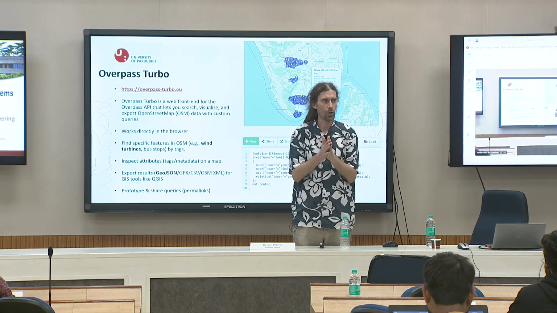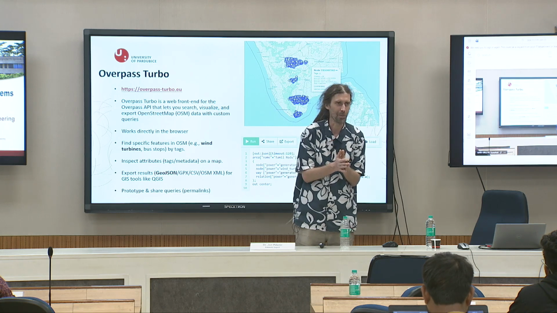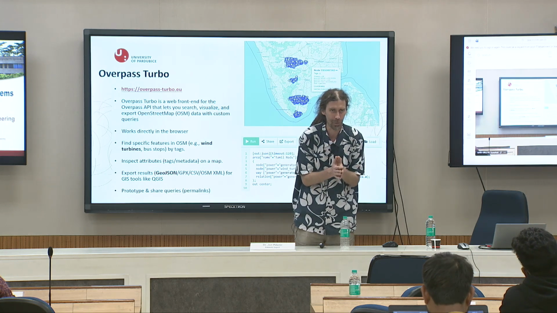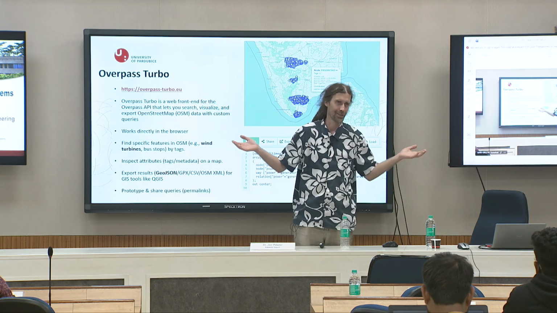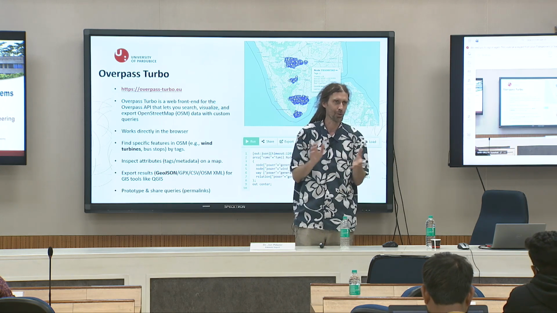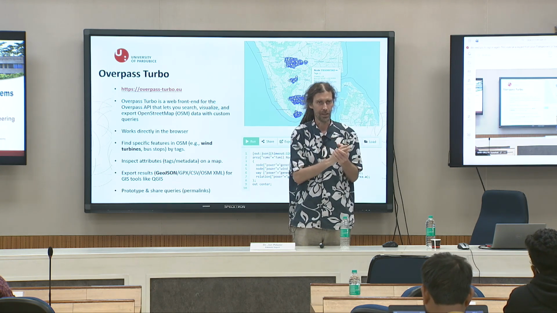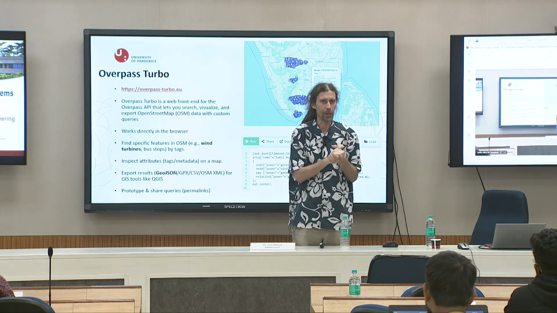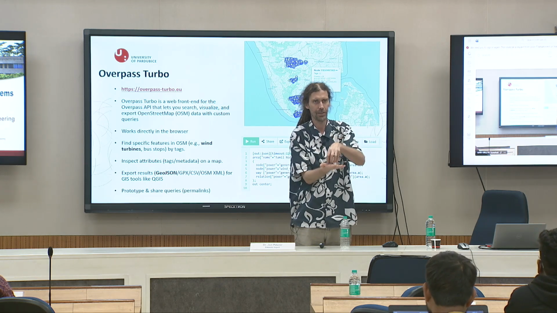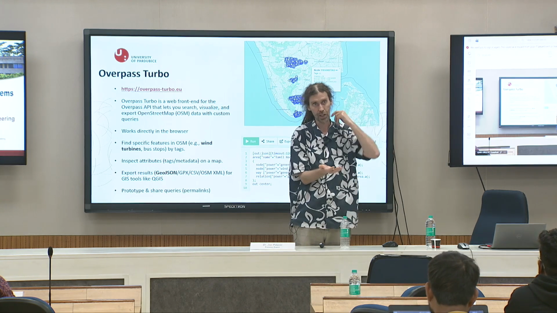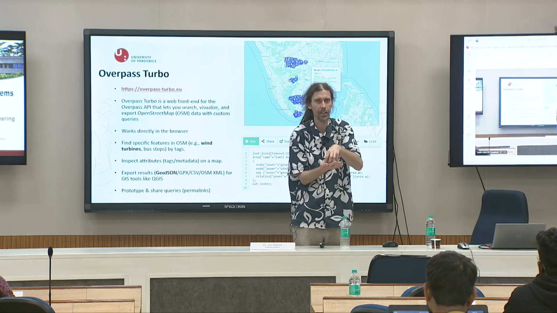But it depends only on data that are available in OpenStreetMap. If something is not in OpenStreetMap, then you will not find it. So of course it depends whether every building or whatever you are searching for is already in OpenStreetMap.